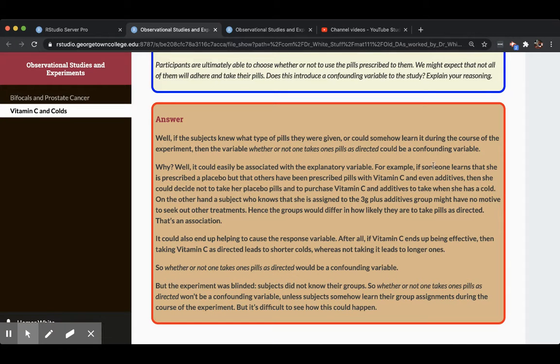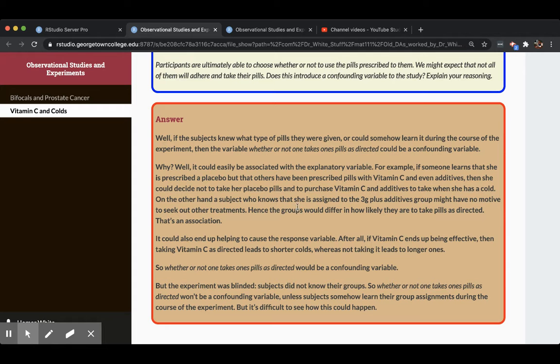For example, if somebody were to learn that she's prescribed a placebo to take, but that others have been prescribed pills with vitamin C and vitamin C with additives, then she could just decide, hey, why take this placebo? It's not going to do anything. And she could go out and purchase vitamin C and additives to take when she has a cold so that she could get those same benefits.